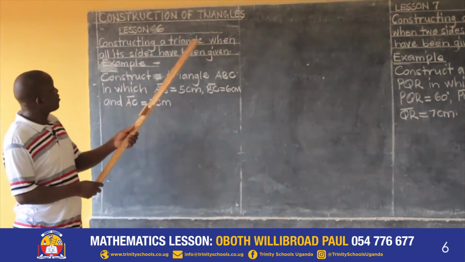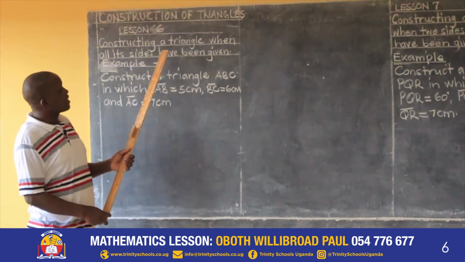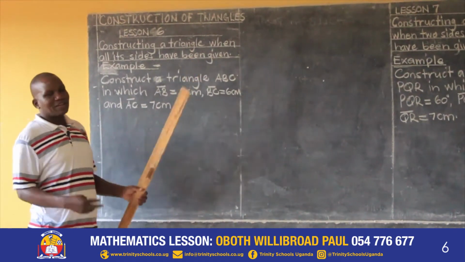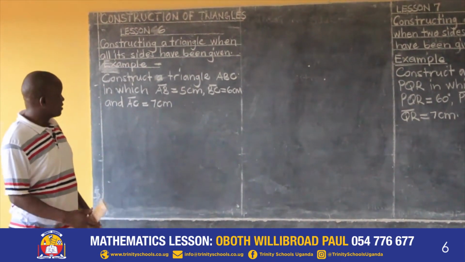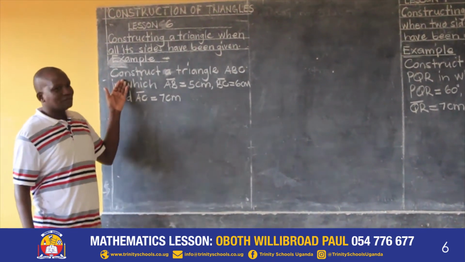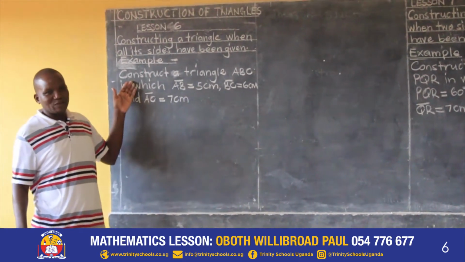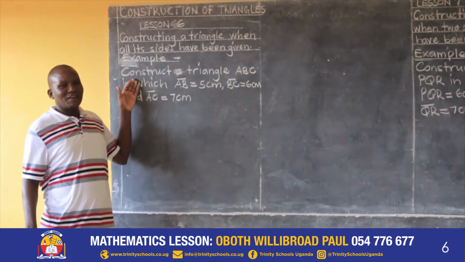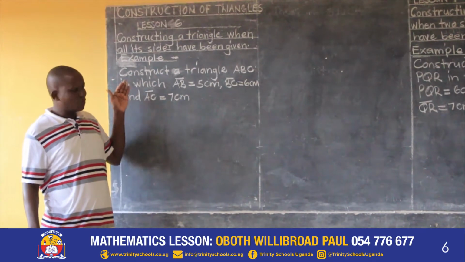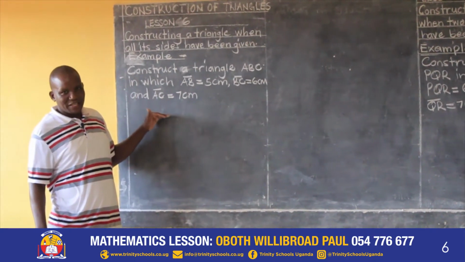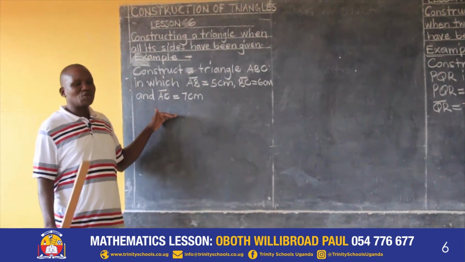Constructing a triangle when all its sides have been given. A triangle has 3 sides. Let us read this example together so that whatever step I take here, you also note it down.